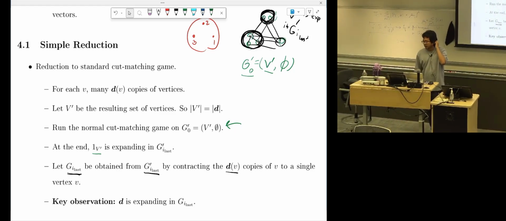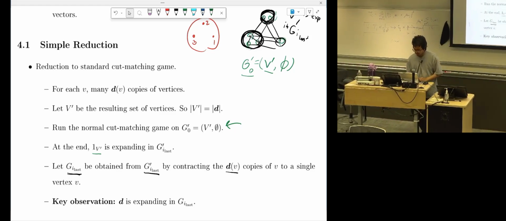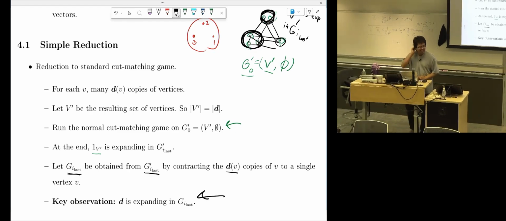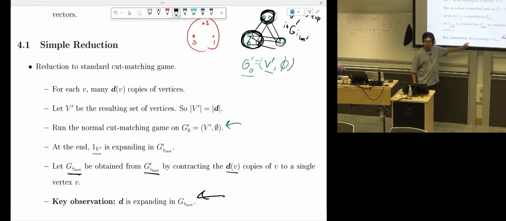Anyone has some reasoning, like why do you think this is true?